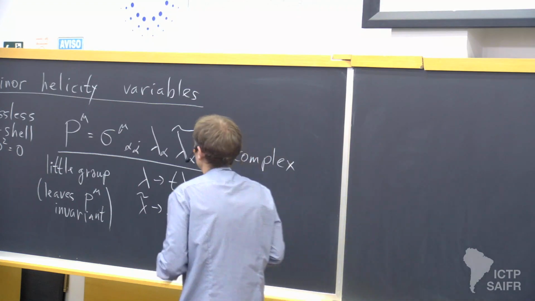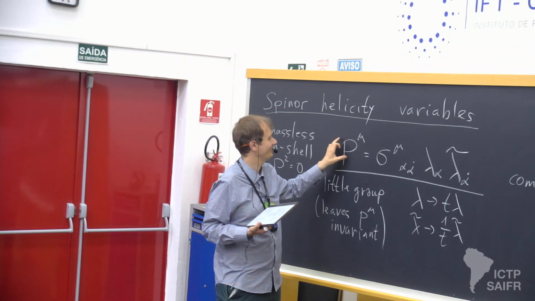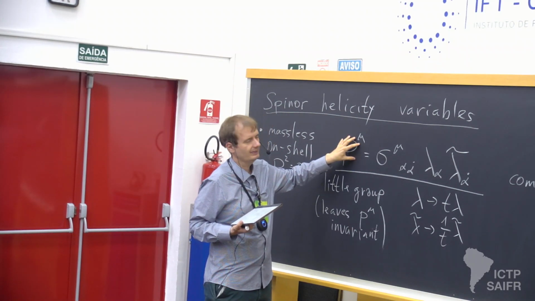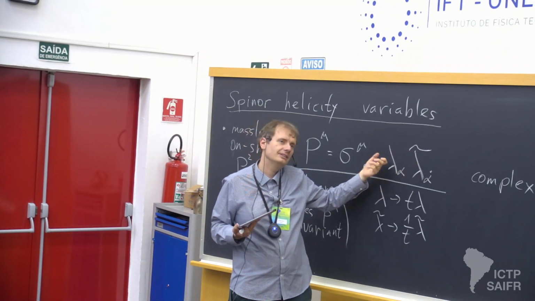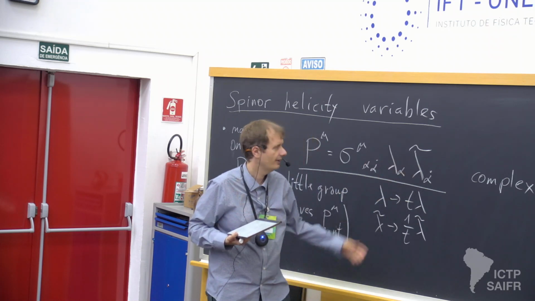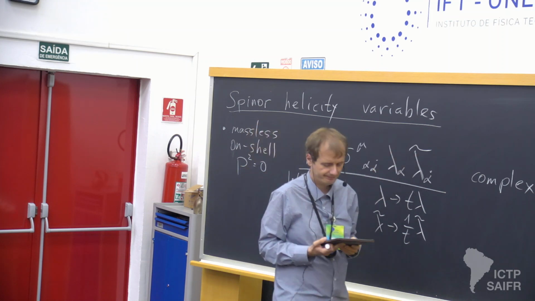Even when P mu is real, lambda and lambda tilde are related by complex conjugation, but the lambda and lambda tilde themselves are still complex. In case P mu is complex, then they are independent.